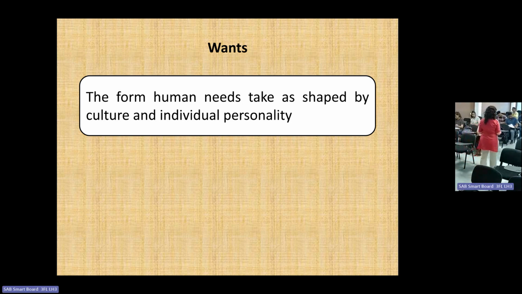So the want is a different way of fulfilling the need. The need is food. The want, you can take, depending on the culture.